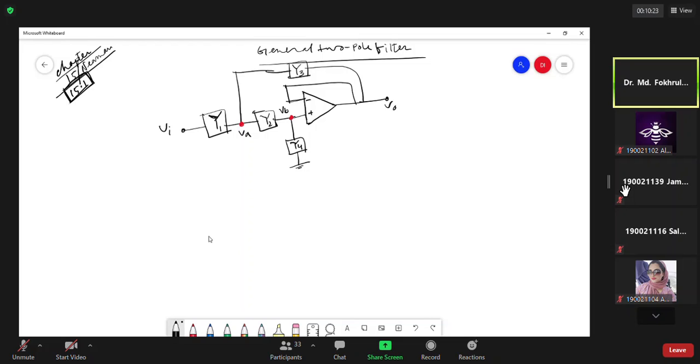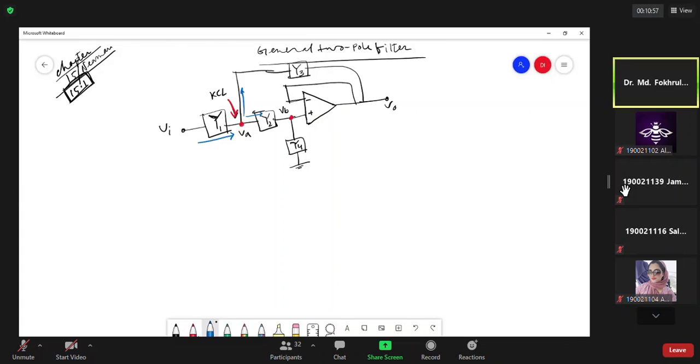And the analysis of this circuit is nothing new. If we apply KCL here, incoming current to the node equals outgoing current from this node.